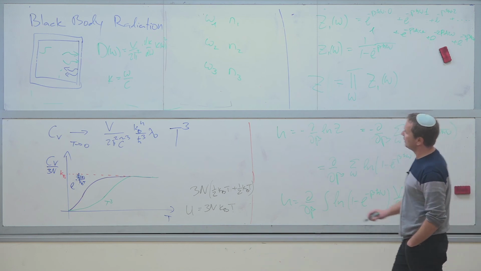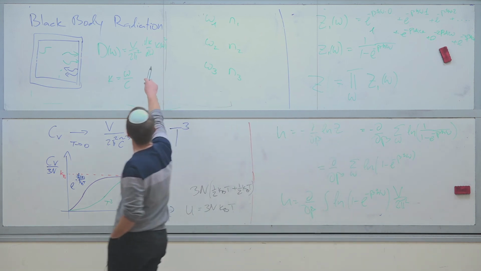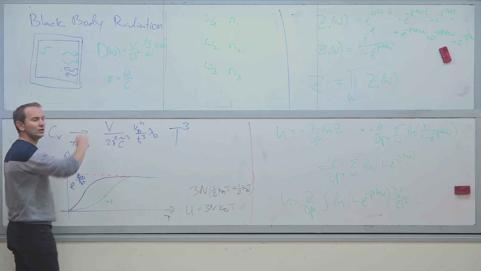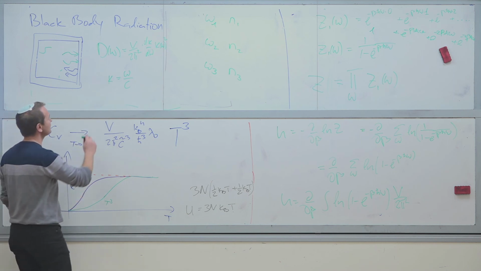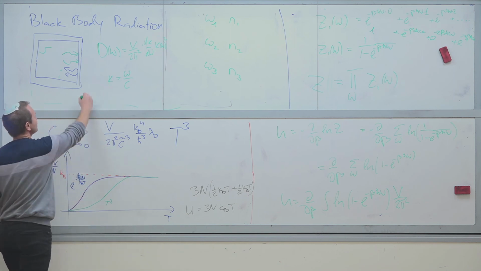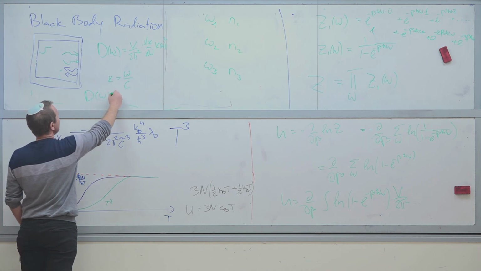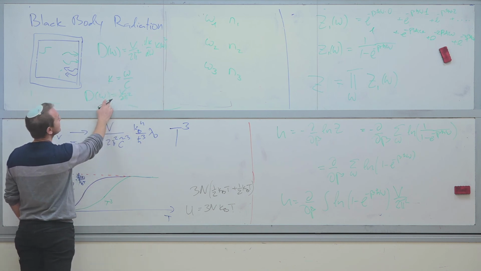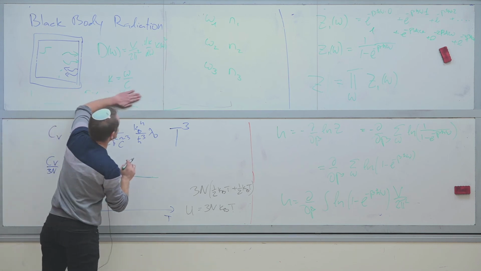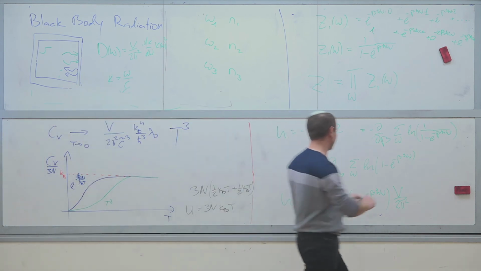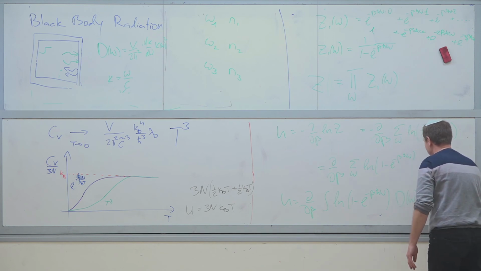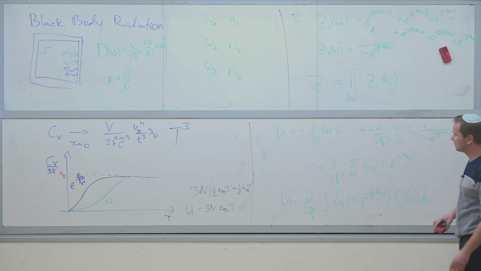And let us write this expression explicitly for electromagnetic waves. So D(ω) equals V divided by 2π². Let's write it D(ω) dω, so this is our integration.